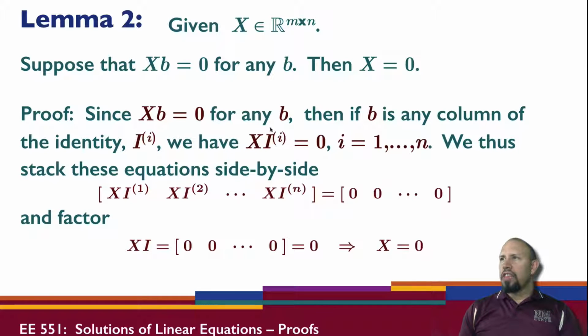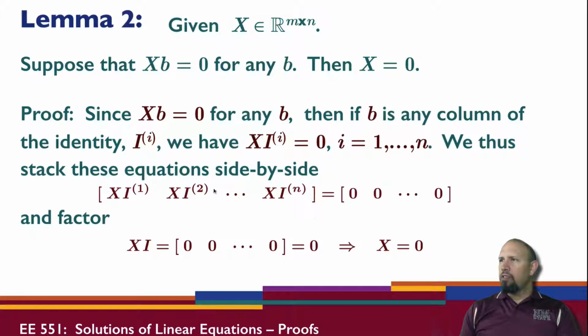And so this is actually a set of n equations that we can set side by side: X times the first column, X times the second column, all the way down to X times the nth column, and each of these columns is equal to 0. So that's equal to 0, that's equal to 0, all the way down.